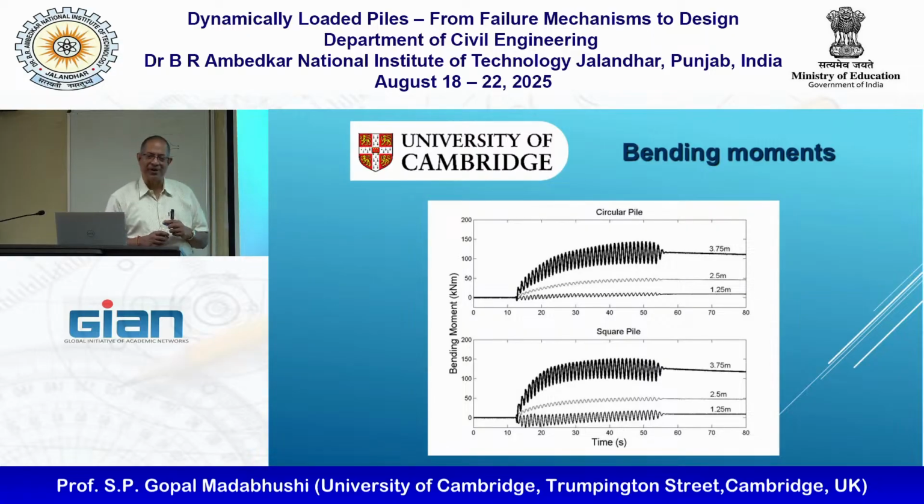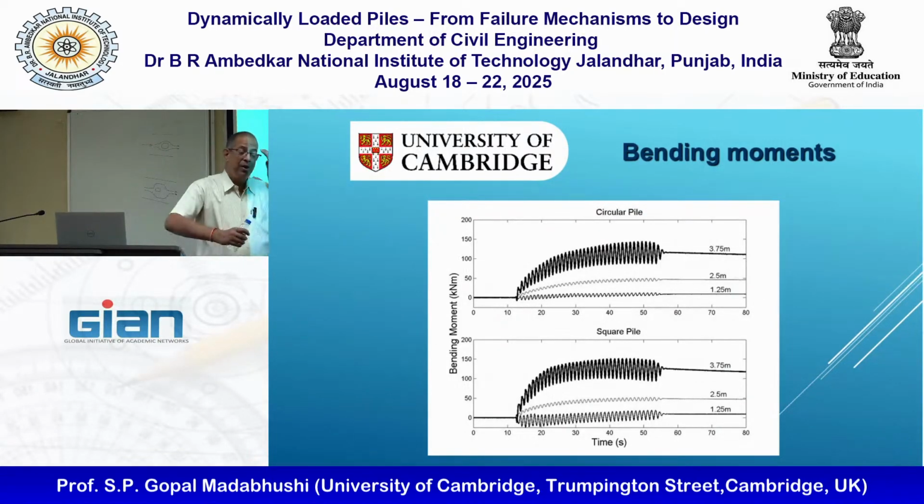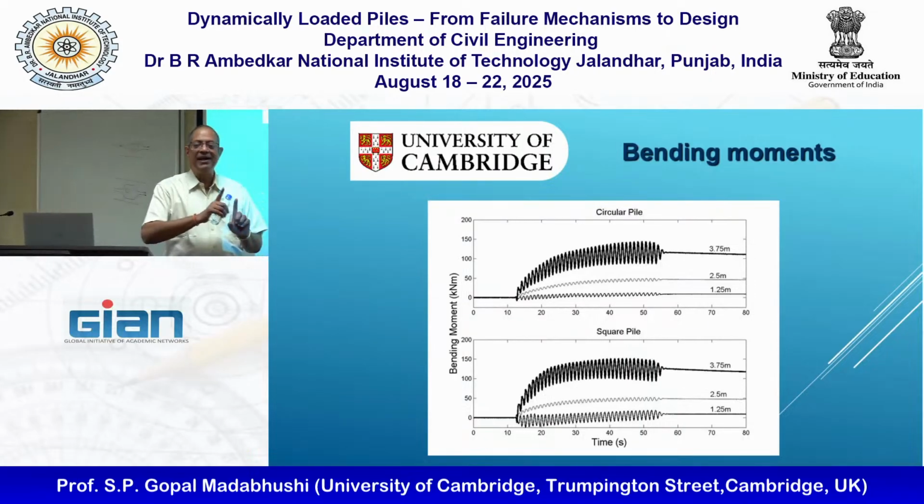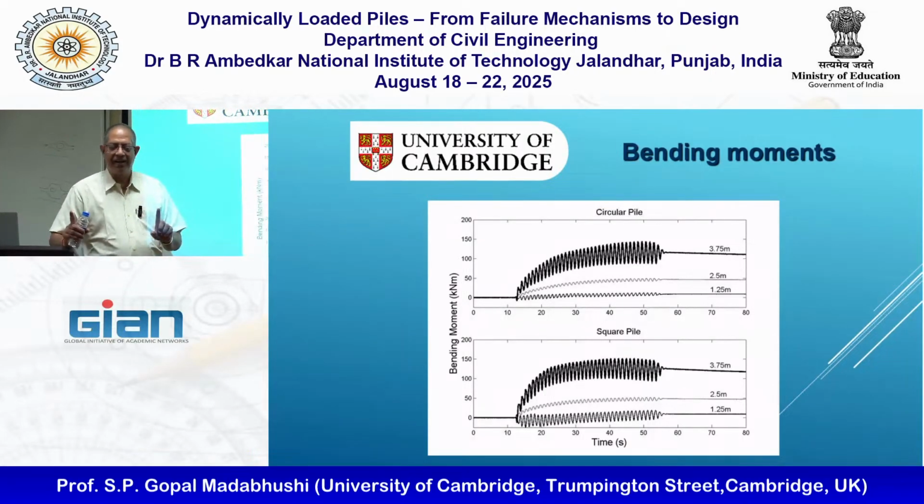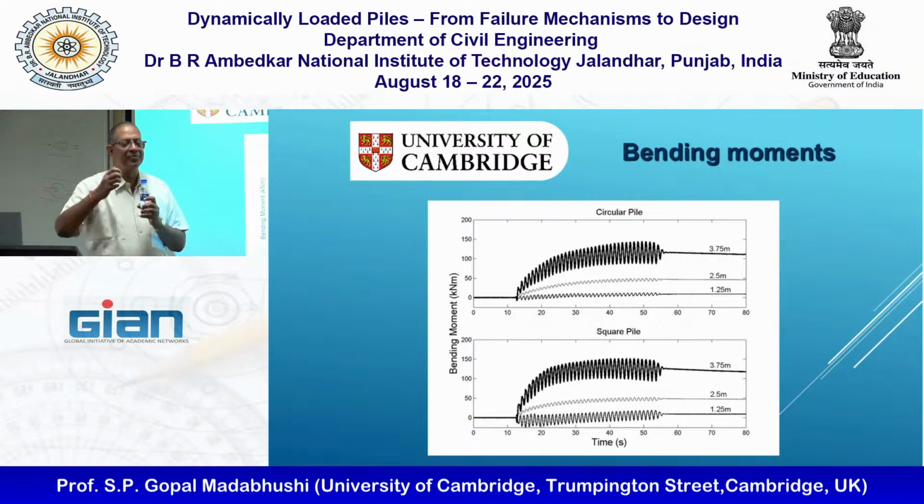Now it's 2025, right? This is almost 25 years later. Now this thing has come up again, and he has a PhD student himself who's looking at many piles. This is a big problem in China. What they are trying to do is create diaphragm walls by having contiguous piles.